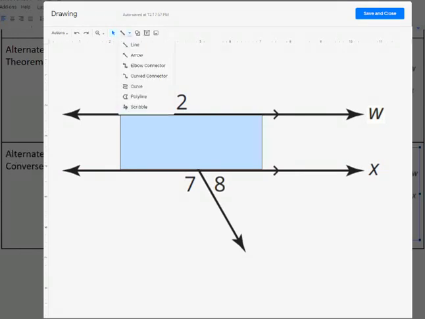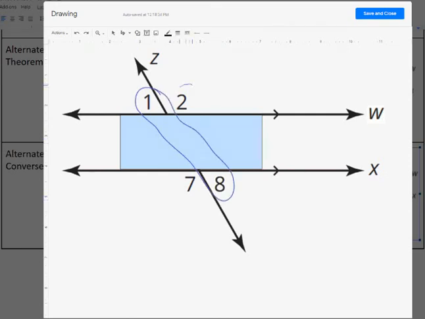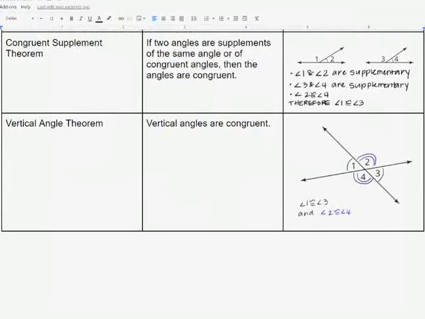So for alternating exterior angles, we have the pairs of 1 and 8, and then 2 and 7. Alternating exterior angles are congruent, so that means angle 1 is equal to angle 8, and angle 2 is equal to angle 7.